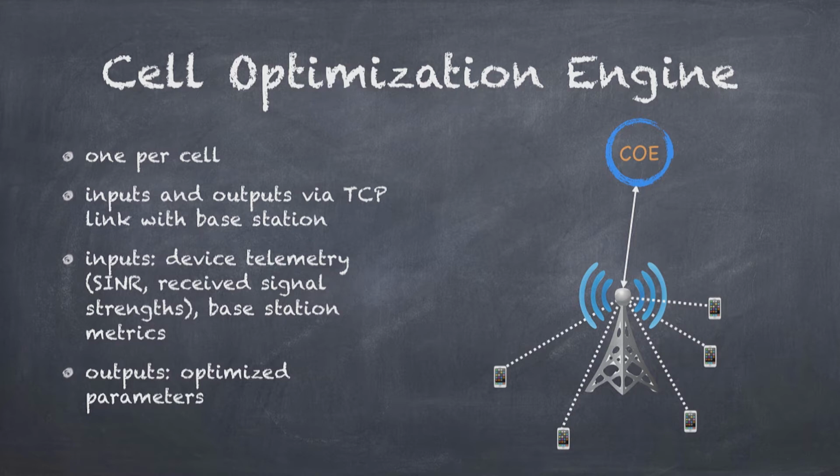These things are continually being measured by the devices and sent to the base station, and then through AirHop's thin client and up to the COE. Once the COE has run some algorithms and decided what to do, potential new values for certain operating parameters are pushed back down to the base station.